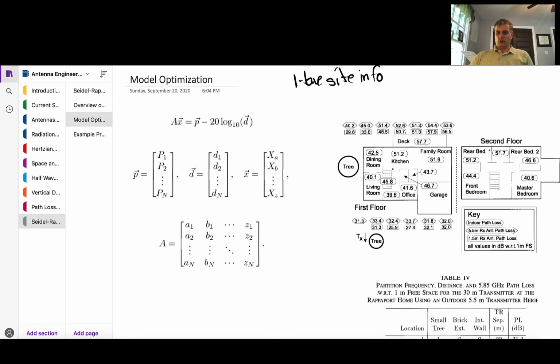Here we've got a blueprint to work with, a little bit more information. So to solve the modeling problem, we put that information in and we get a prediction out, a prediction in dB loss or received signal strength. Now that's the modeling problem.